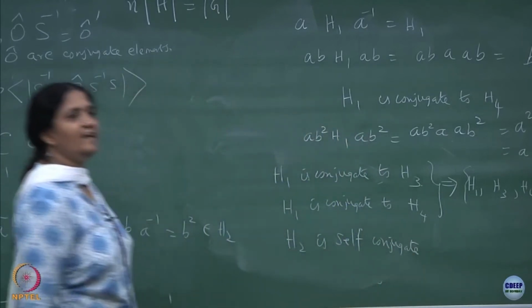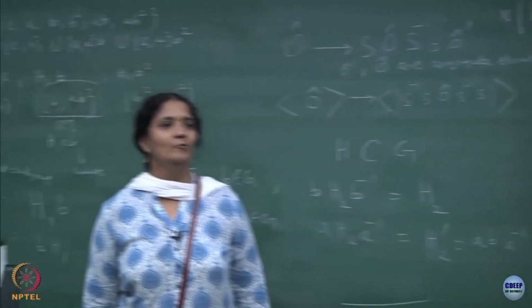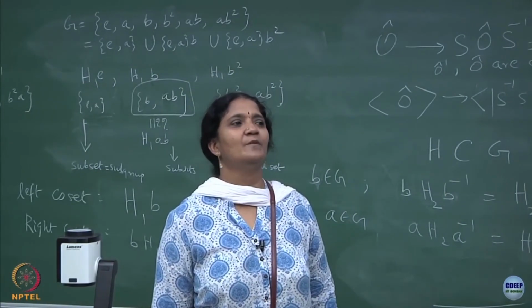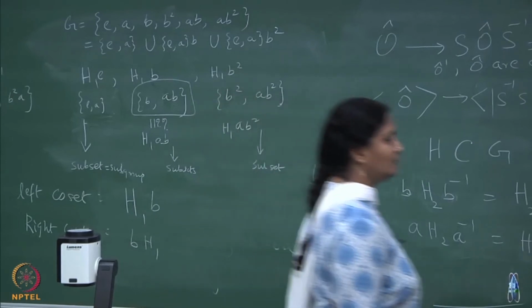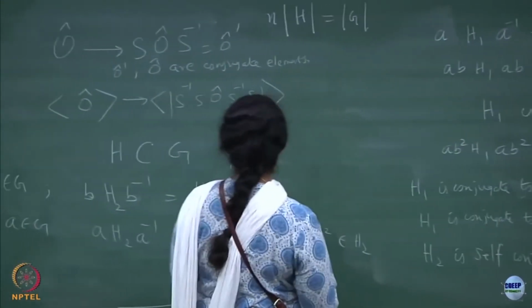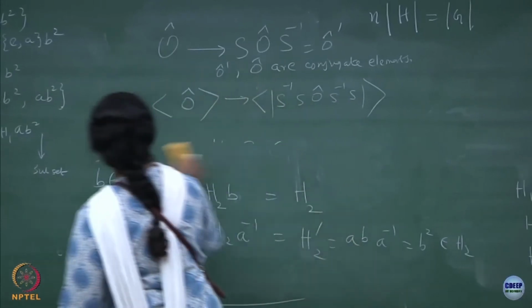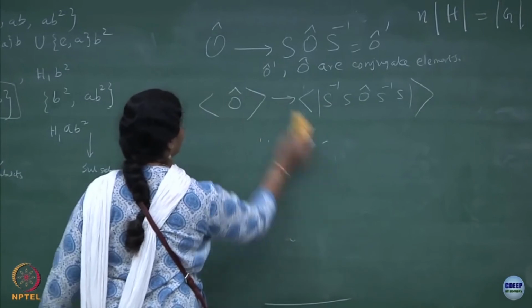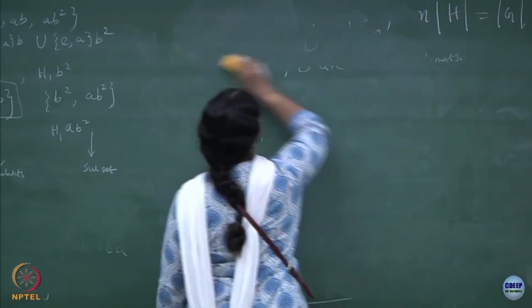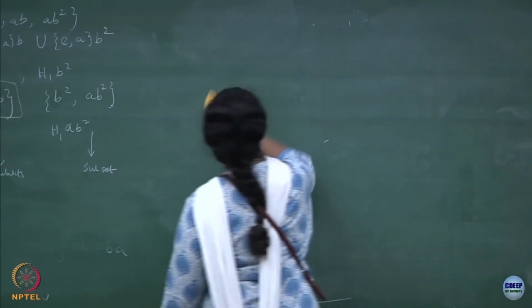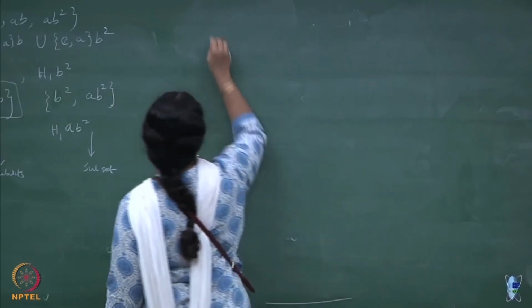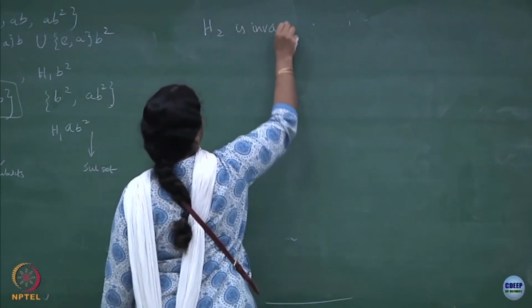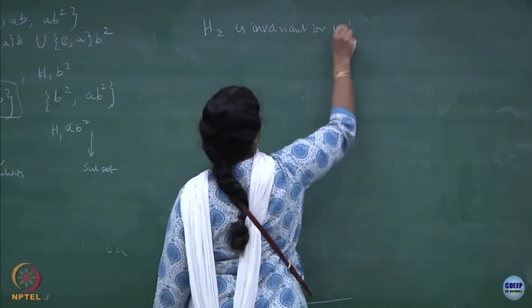Another way of seeing that it is self conjugate you should know now using normal subgroup. H2 was also a normal subgroup. What does that tell you? Let us do it by the normal subgroup argument. H2 is an invariant or normal subgroup.